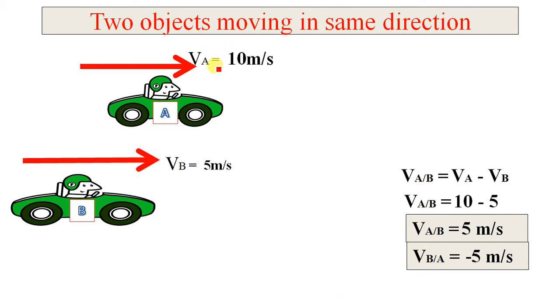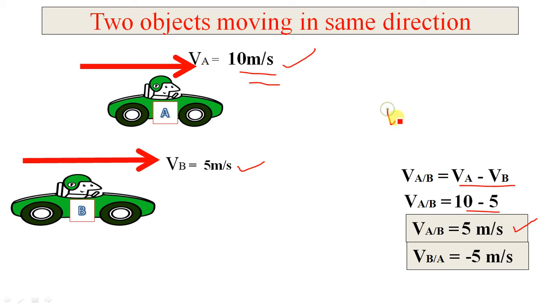I will provide you a simple example. The car A is having a velocity of 10 meters per second, this is the absolute velocity, and car B is having a velocity of 5 meters per second. Now we have to find the relative velocity of A with respect to B. VA minus VB, so 10 minus 5, that is 5 meters per second.